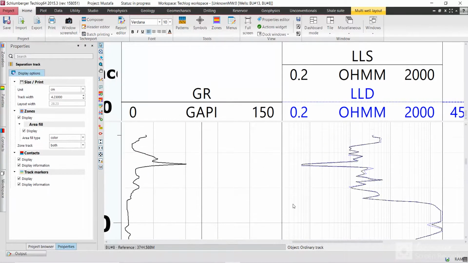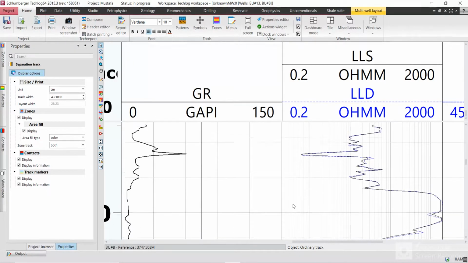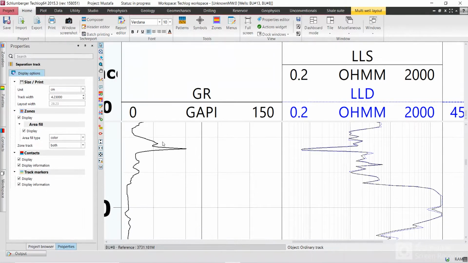All right. So as you can see here, the gamma ray response is high, and it has low resistivity. And of course, because the shale has salt water, and the resistivity response for salt water is low, that's why we have low response for resistivity logs.